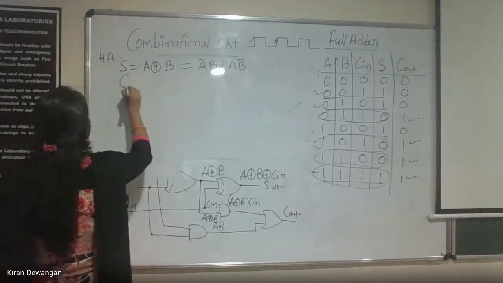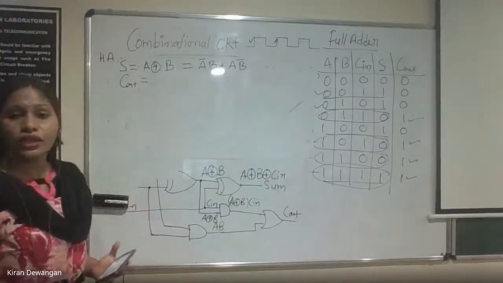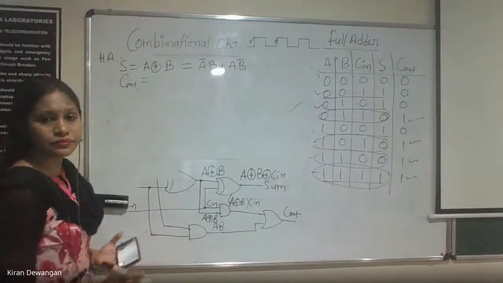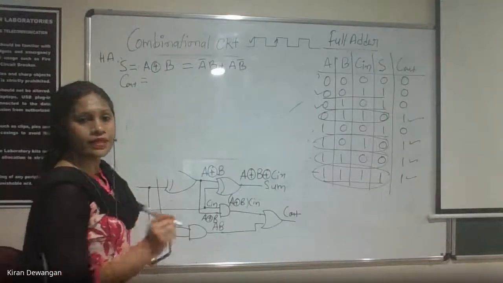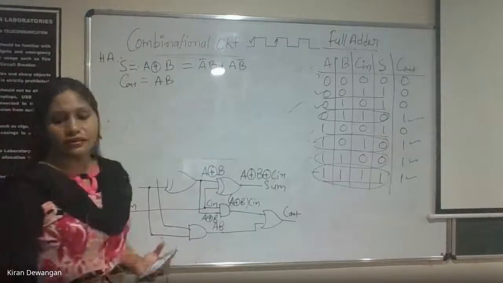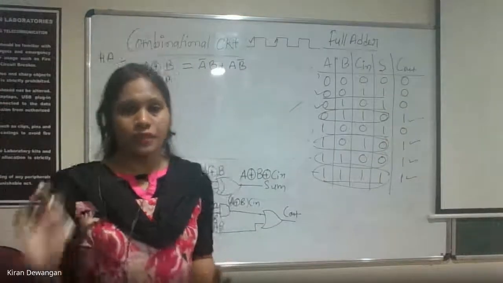And what is the C out in half adder? It's just AB. It's just an AND gate, right? It's just AB. That's it.